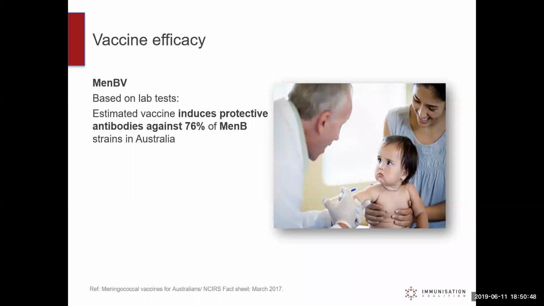So it really should be noted that the 4 strain MenB vaccines that we currently have access to cannot be expected to provide protection against all of the circulating MenB strains. Some of these strains will not express any of the protein antigens contained in the vaccine. So we just need to make people really aware that vaccination is not going to be 100% in stopping them from contracting disease.